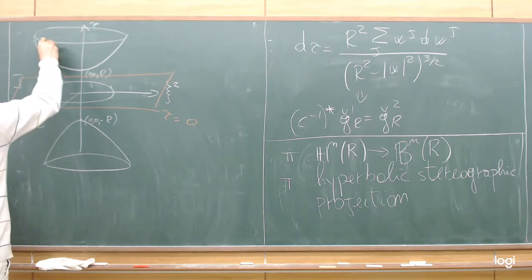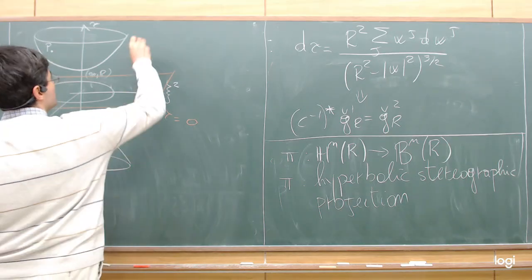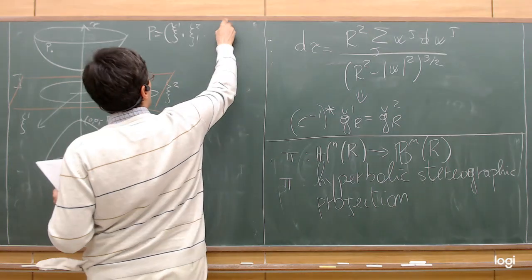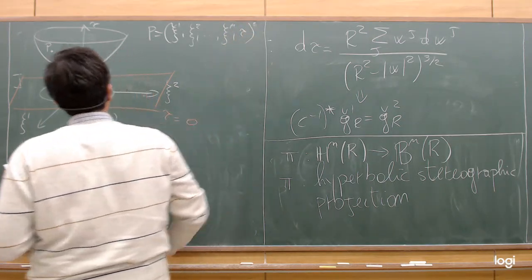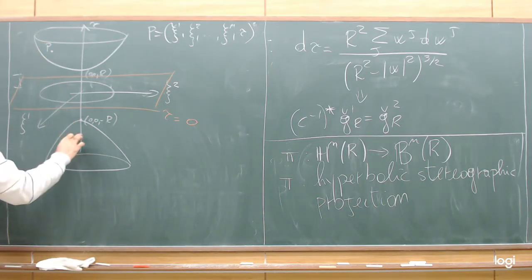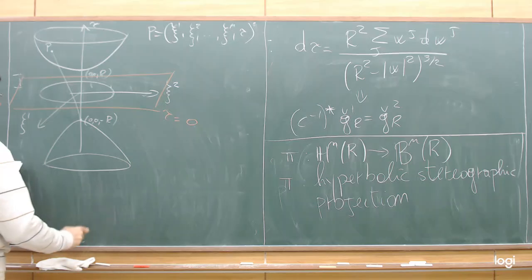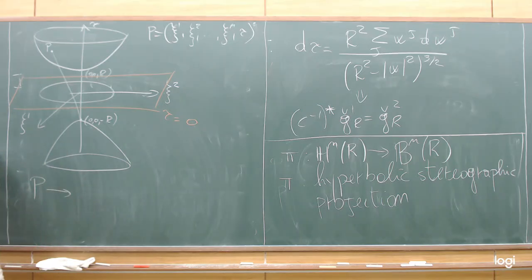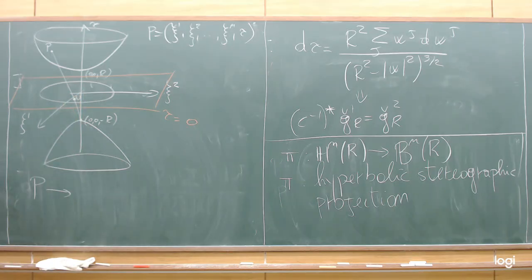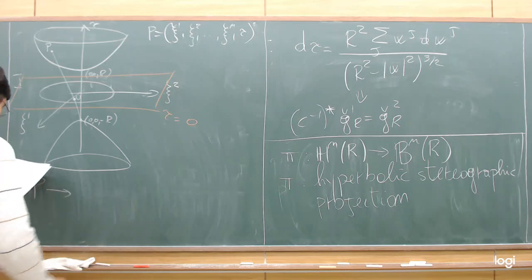So if P is a point of the upper sheet of the hyperboloid, so P has coordinates C1, C2, Cn, tau, we consider the straight line joining P to this point here, and we send P to the point U, which is the intersection of this straight line with the plane of equation tau equals 0.